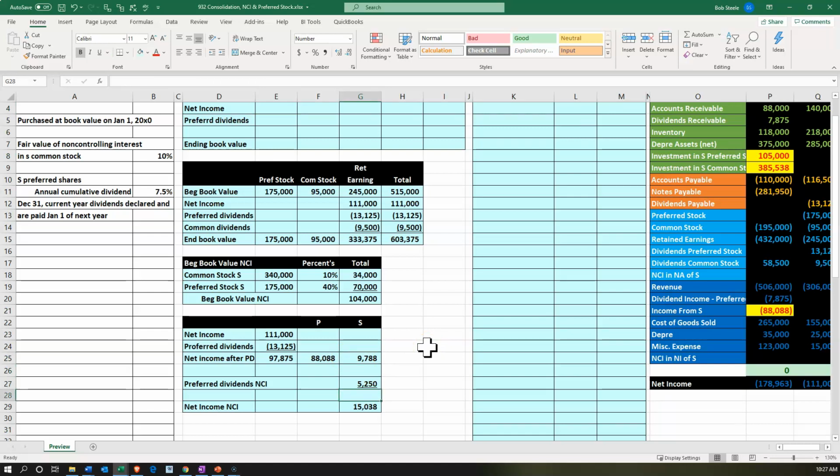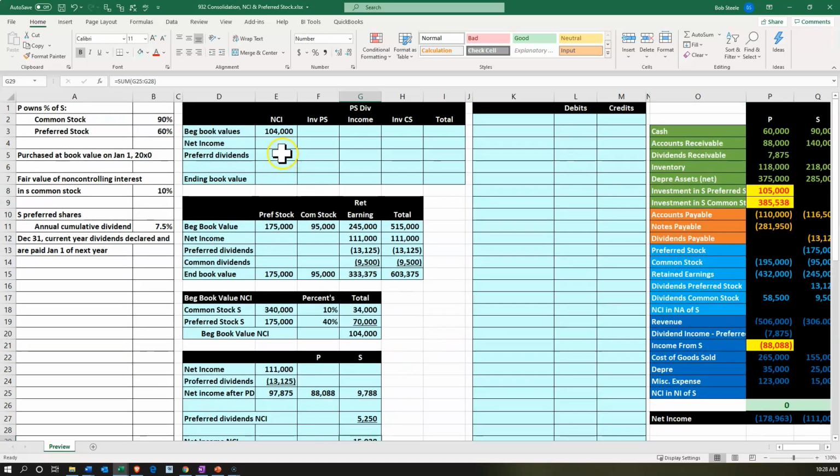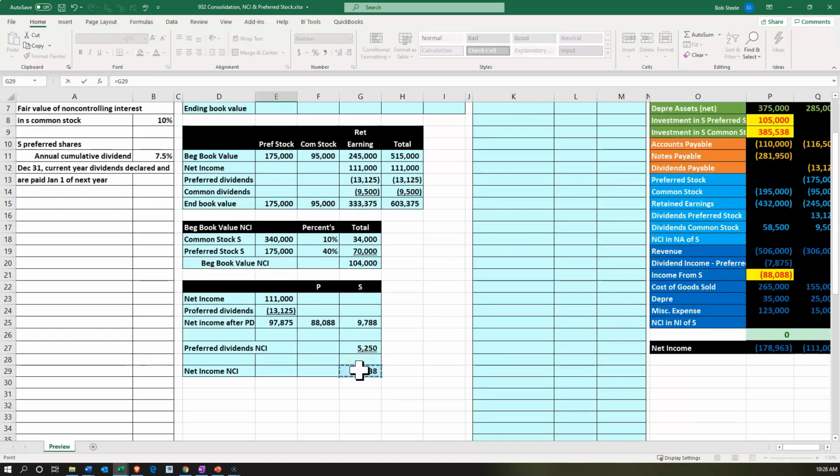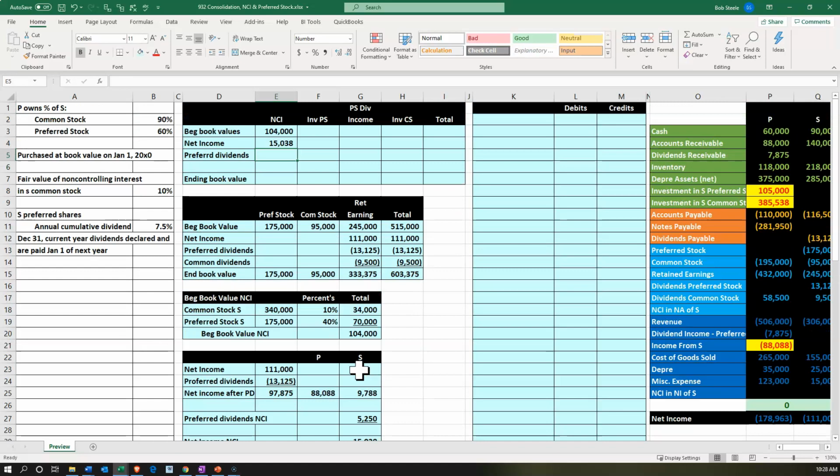So then we add those back in, and we're going to be using then this 15,038. And then we'll take out the preferred dividends, which is going to be a reduction of the non-controlling interest, which we calculated down here at the 5,250. So we'll take out, now I'm going to make that a negative to take it out, minus that.